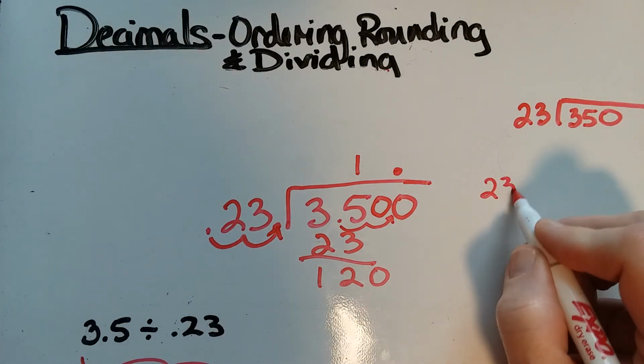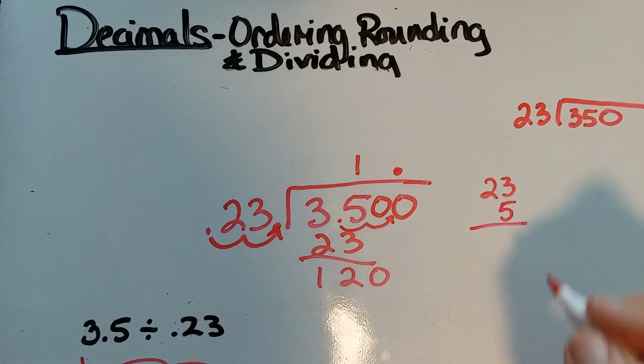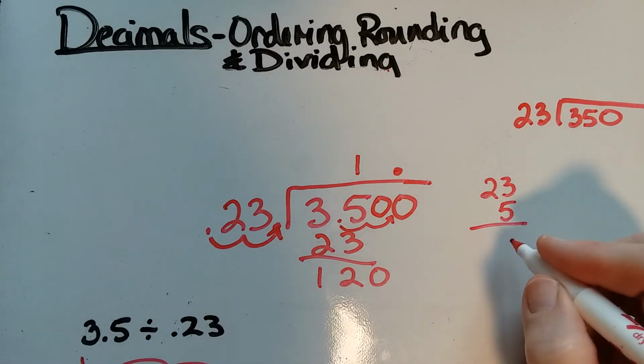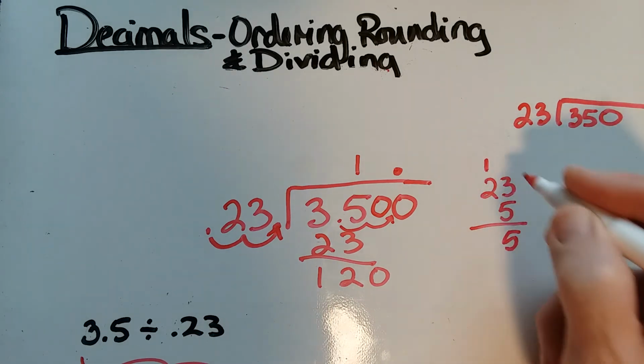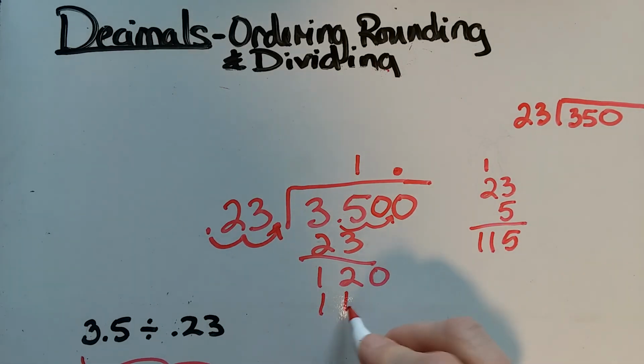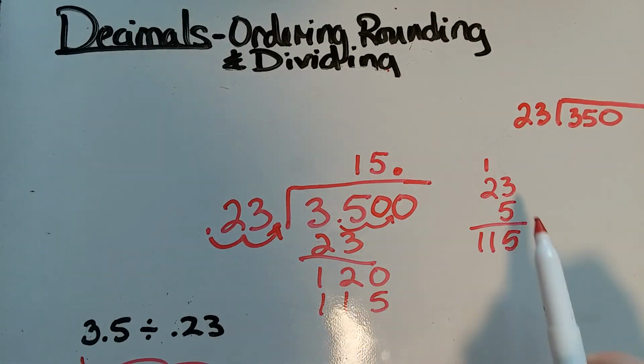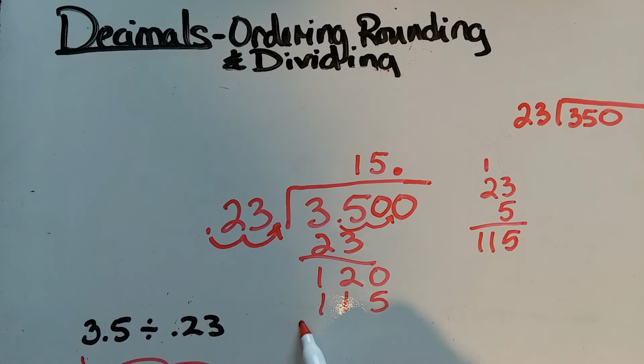So here's another thing that you could do. Well, if it's less than 6, let's see what 5 is. So here we are with 15, and we've got 115. So we know that this is the right number. So 5 times 23 is 115. We've already got it right here. We've got 5 left over.